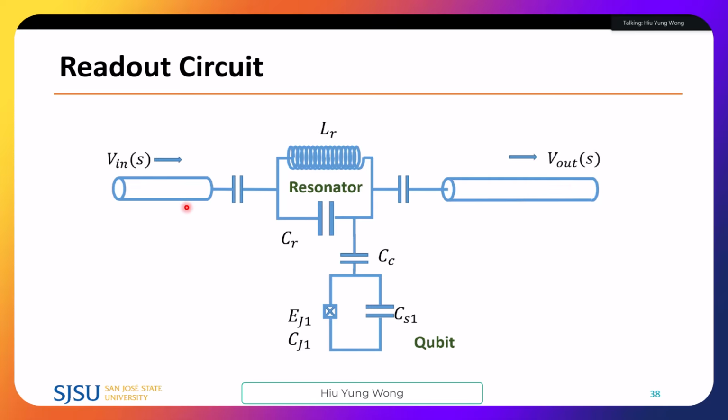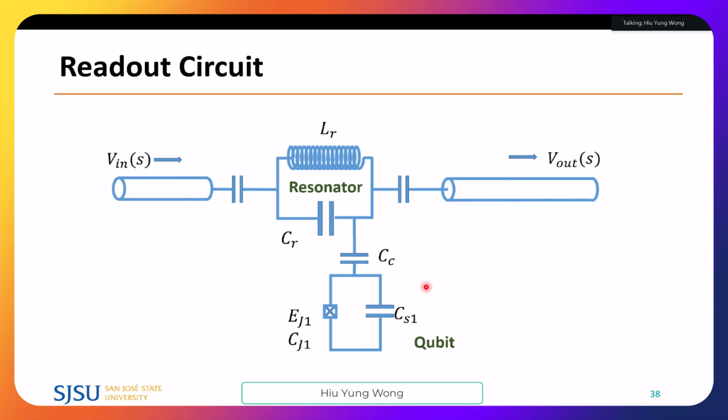This is just a microwave circuit. If you shoot in a microwave pulse at different frequencies, you have different S21, depending on the circuit. So this is interrupted by a resonator. You can imagine only the microwave pulse that has the resonant frequency will go through. So if you sweep the frequency, you will see a peak in S21.